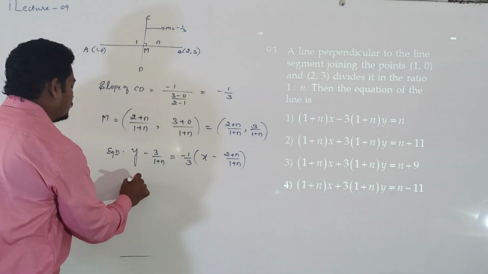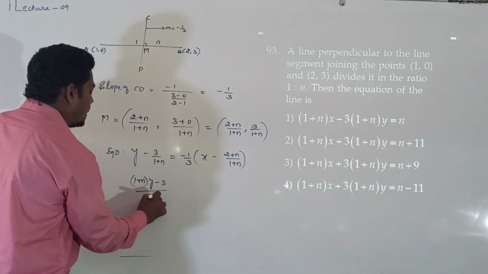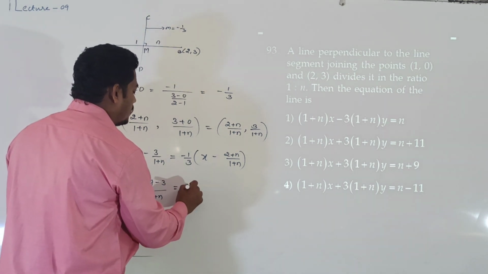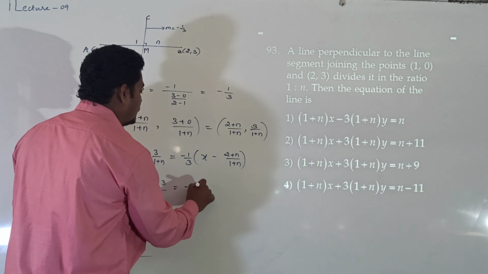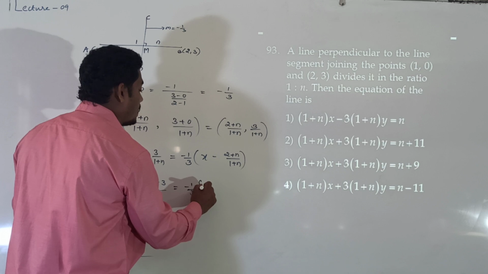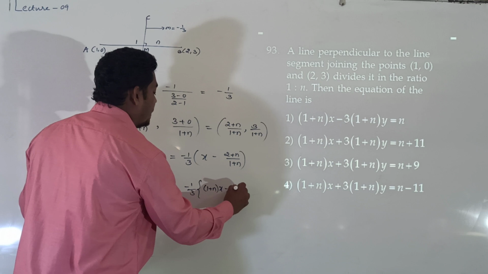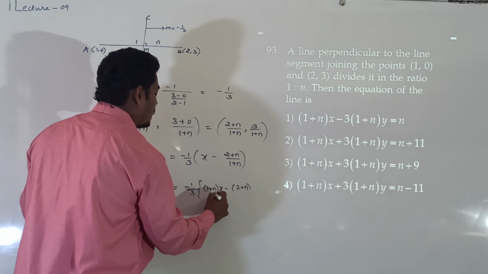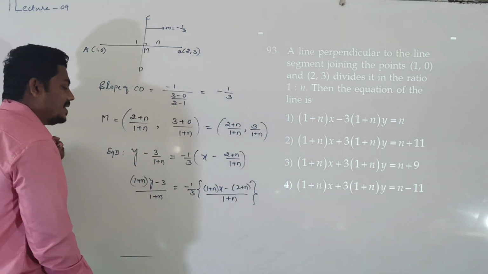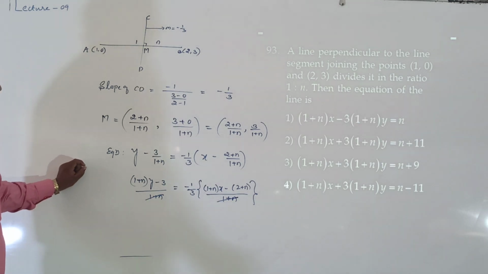Just taking LCM, (1 plus n) into y minus 3, whole thing divided by 1 plus n, that's equal to -1 divided by 3 into (1 plus n) into x minus of (2 plus n), whole thing divided by 1 plus n, right? Just taking LCM on both the sides. After that, the denominator 1 plus n gets cancelled.